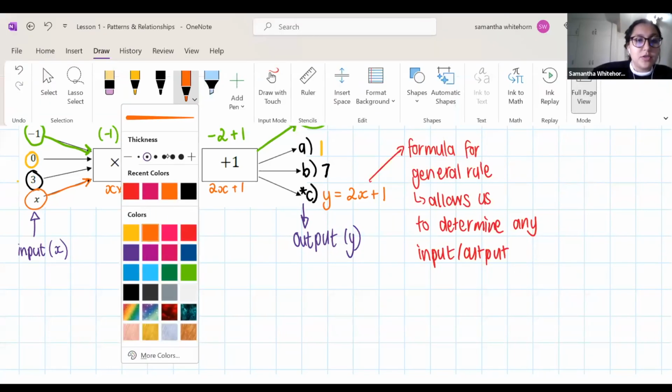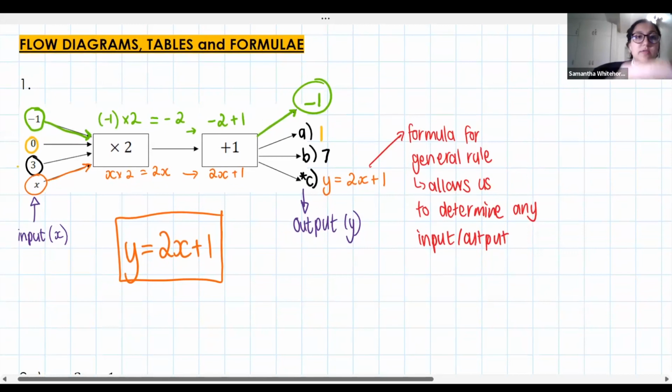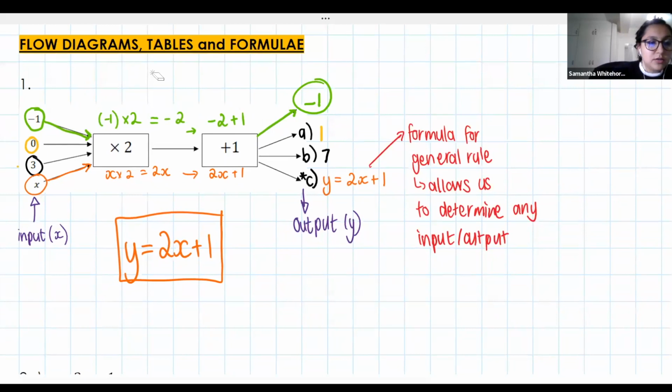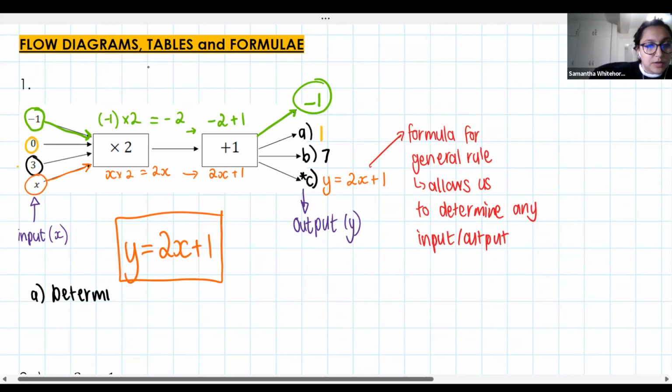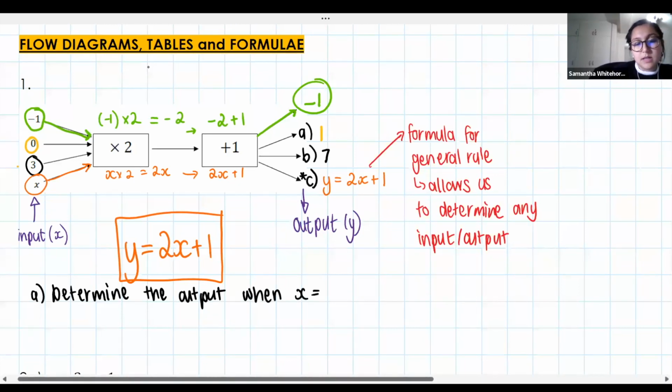Right, so we have just worked out that our rule here is y is equal to 2x plus 1. That is our general rule for this pattern or this flow diagram. So I'm going to ask you two questions. My first question to you is determine the output value when your input, or when x is equal to 21.